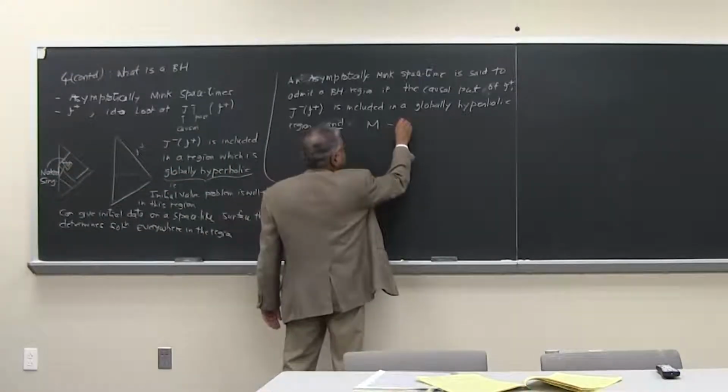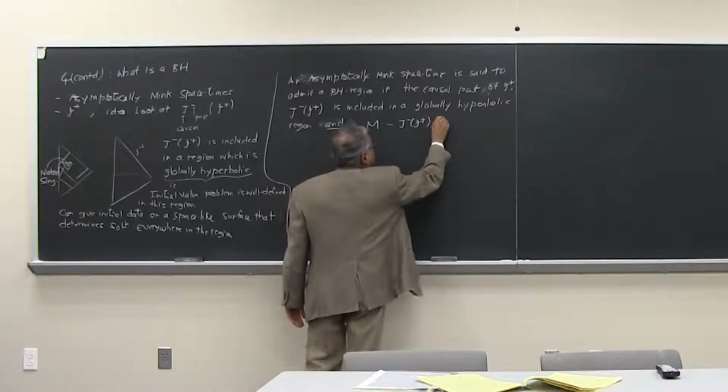So M minus J minus of scri plus is non-empty.